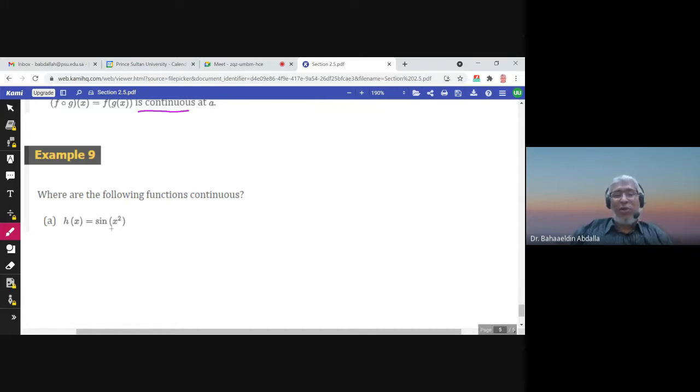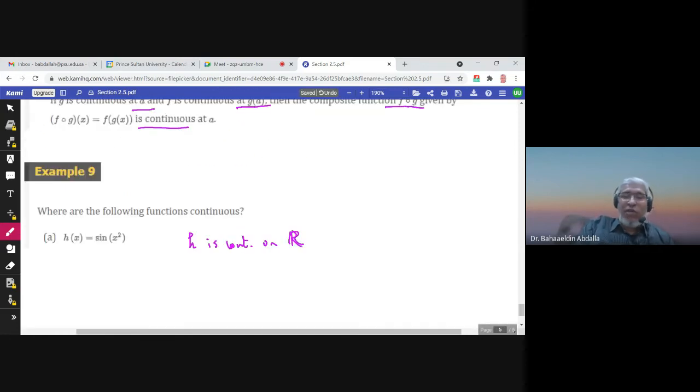So there is no problem. Sine has the domain from negative infinity to infinity, and x squared has the domain from negative infinity to infinity. So this function is continuous everywhere. So h is continuous on R, from negative infinity to infinity, because the domain is from negative infinity to infinity.